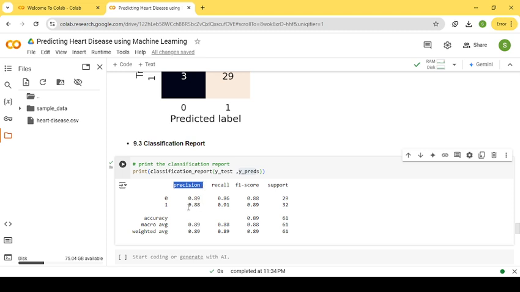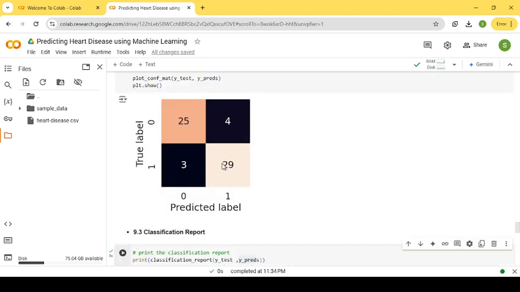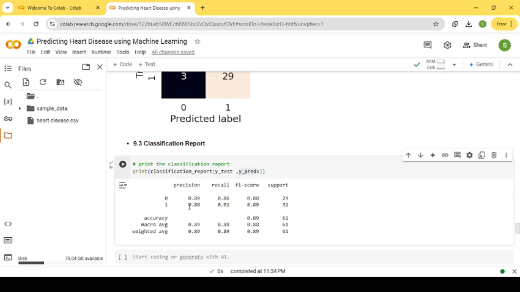In our case, we have around 88% here, 29 out of the total is equal to 88%. We were able to predict with a higher precision score when predicting the no heart disease cases.